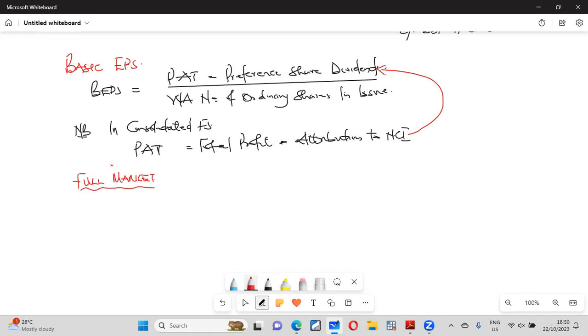The only thing you need to know for your exam purposes is that when there is a share issue at the full market, the only thing you do is to apply timing to the shares in issue.